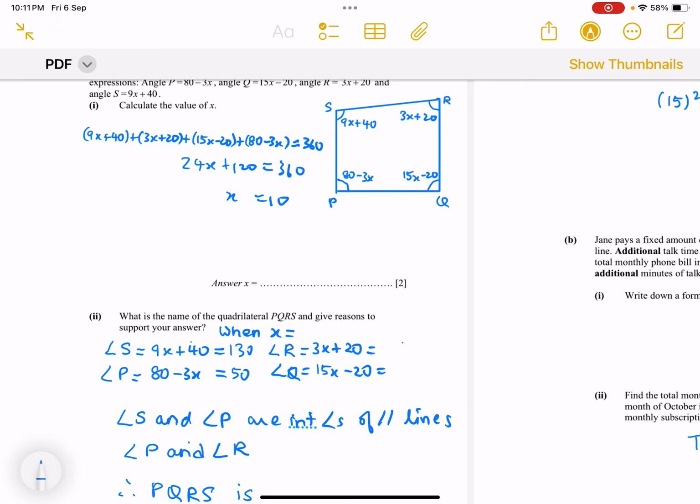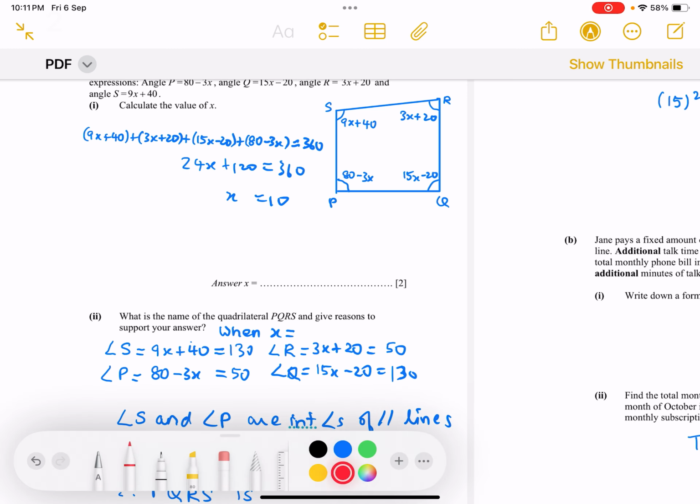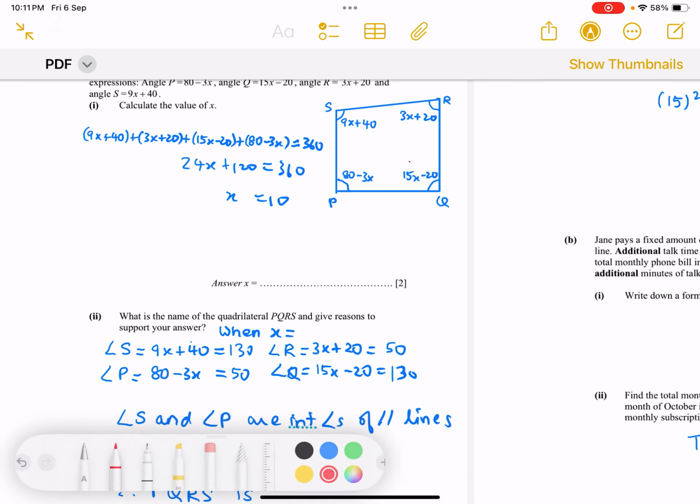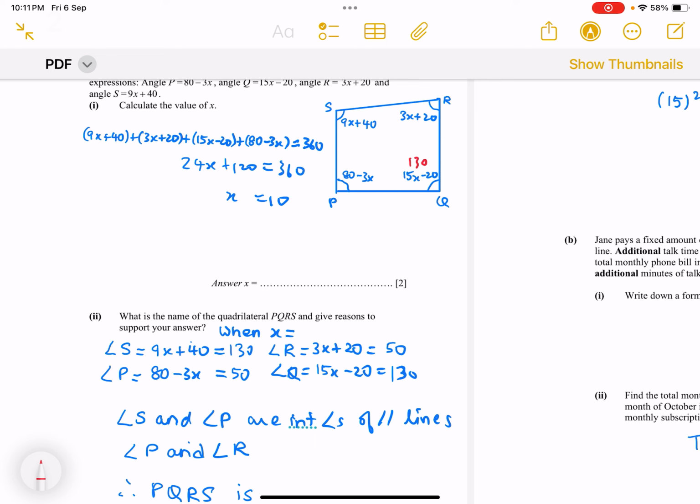Now angle R is 50 and the other angle is 130. Right, so the angles that we have found, this is 130, this is 50, and this 50, and this 130.